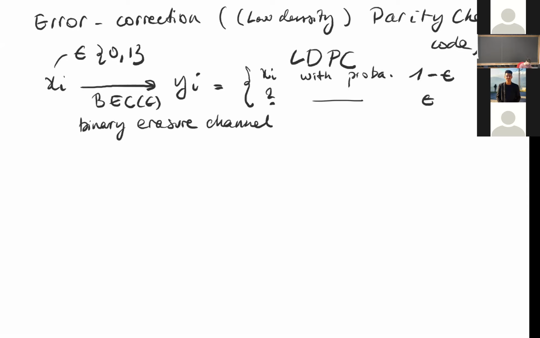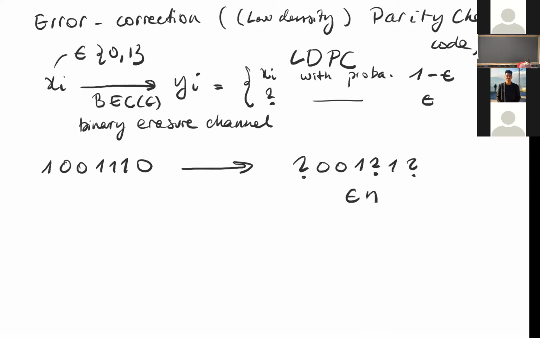So now imagine that you want to send a sequence of bits like this. When this will be communicated, what you will receive is something like this, for example. So in expectation, if there are n bits here, there will be approximately epsilon n of them erased.